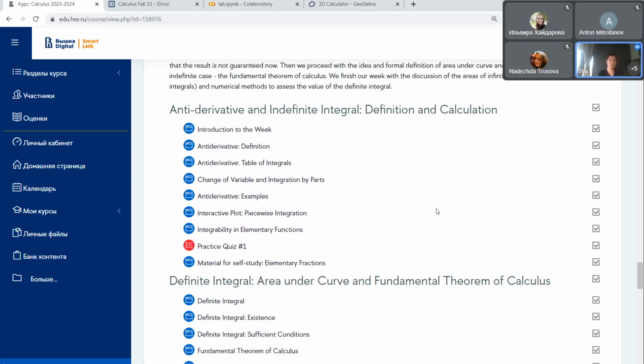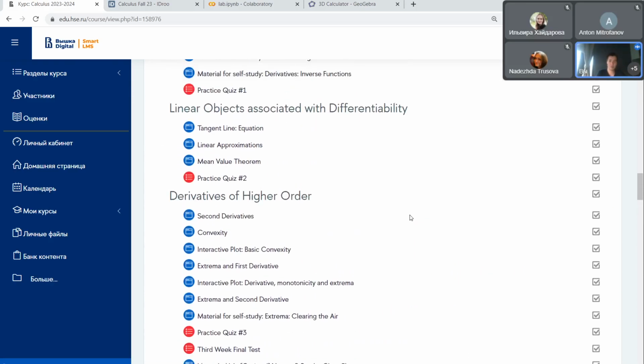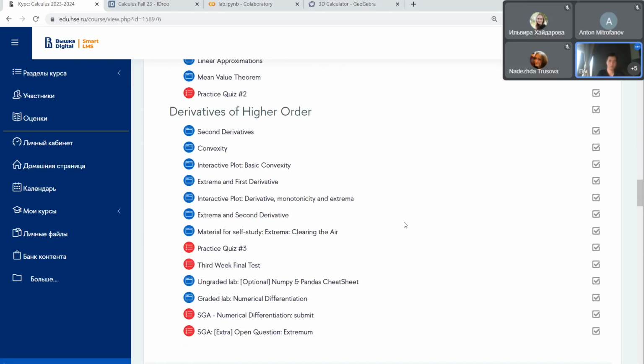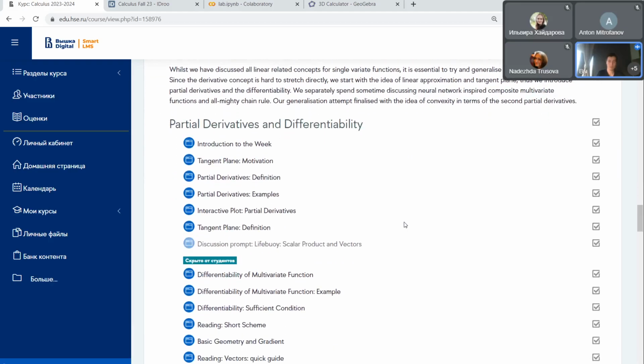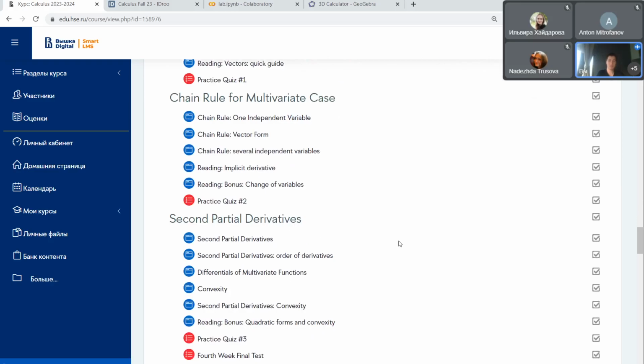What's the logic of these two structures with close to same names? Maybe you have any suggestions what to do. We can compute some approximations, for example, at the point. We can solve some tasks from practice quizzes if you have troubles with them. So I'm ready for your ideas. I'm ready for your suggestions.